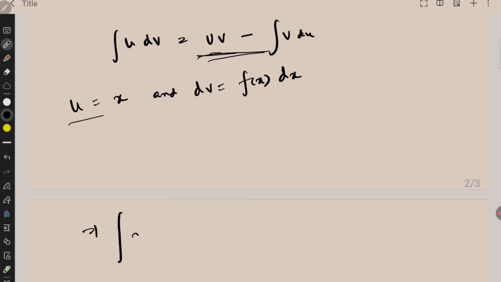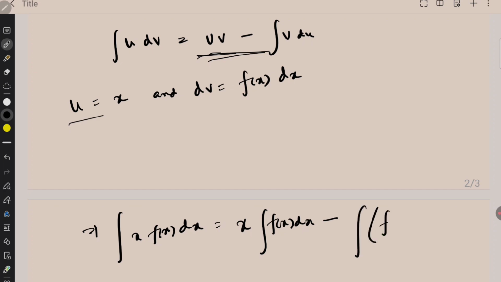So integral x times f(x) dx, if I replace the value of u and dv in this formula, I'll get x times integral of f(x) dx minus integral of integral f(x) dx, and this du is simply dx, right?